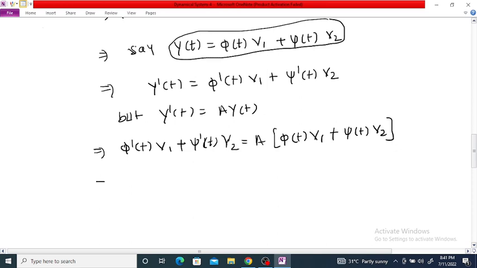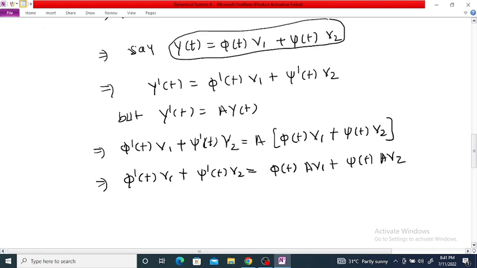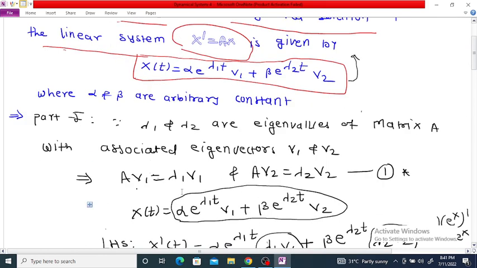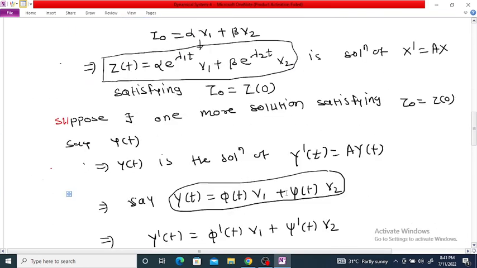So this implies phi dash t v1 plus psi dash t v2 is equal to, if we take phi of t outside, it is A v1, plus psi of t outside, it is A v2. But what is the value of A v1? You can check here. A v1 is equal to lambda 1 v1, because lambda 1 is the eigenvalue, and A v2 is equal to lambda 2 v2.